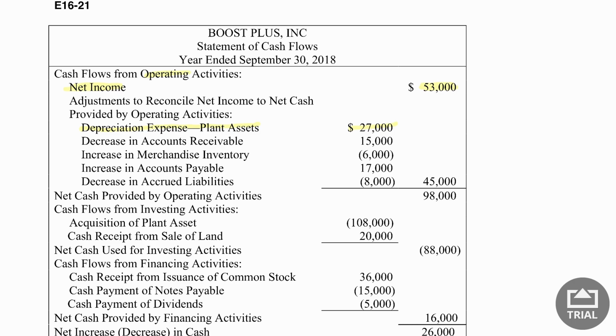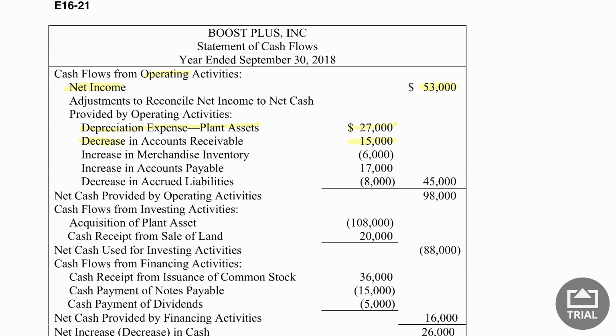So from 17 to 18, it went up or down? Went down, right? 61,000 in 17 and then 46,000 in 18. So make sure you're looking at your numbers in the correct order. It decreased by 15,000. We know for an asset, we do the opposite. So a decrease would be a positive 15,000.